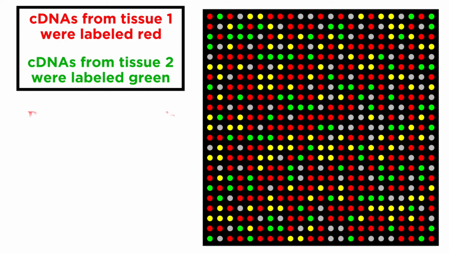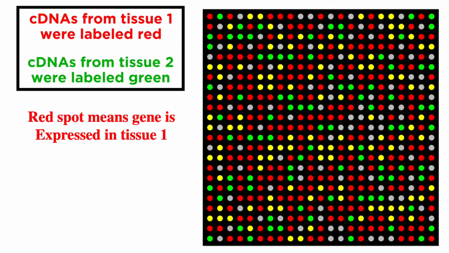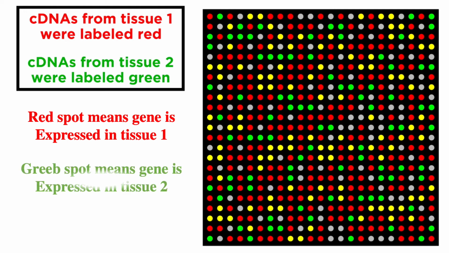So everywhere you see one color, such as red, red cDNAs are bound, meaning that the particular gene is expressed in the tissues that we labeled red. Wherever we see green, the gene is expressed in the tissues that we labeled with green.